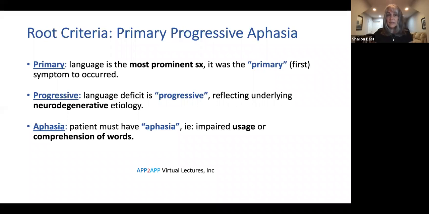Progressive: the language deficit will be progressively worse over time, reflecting that underlying neurodegeneration. And then aphasia, which he very succinctly and simply defined as an impaired usage or comprehension of words. So the patient must have primary progressive aphasia.